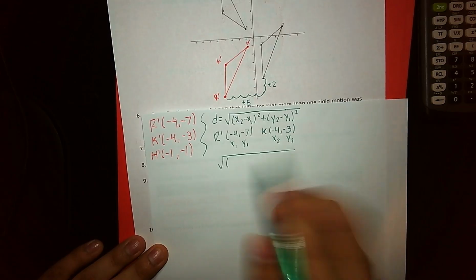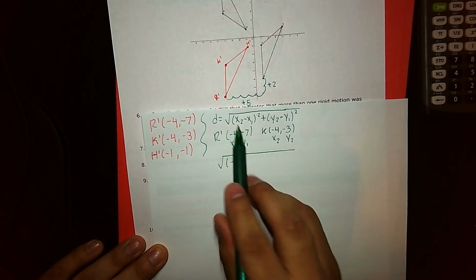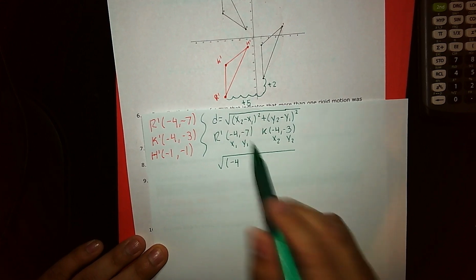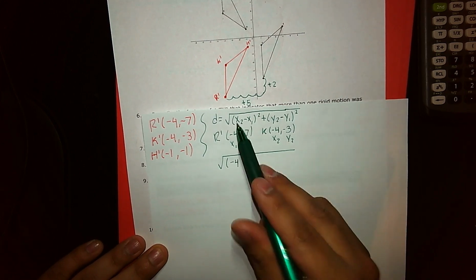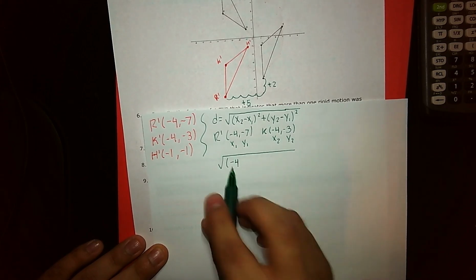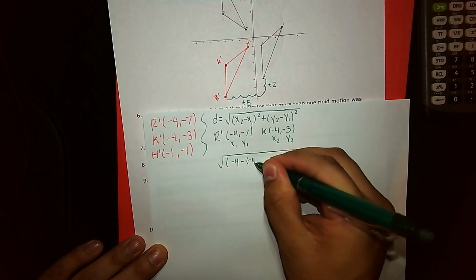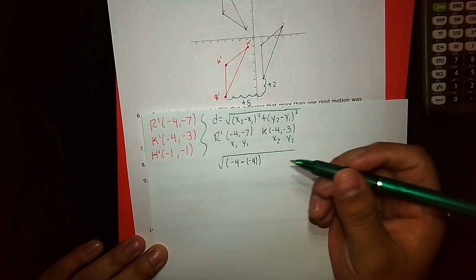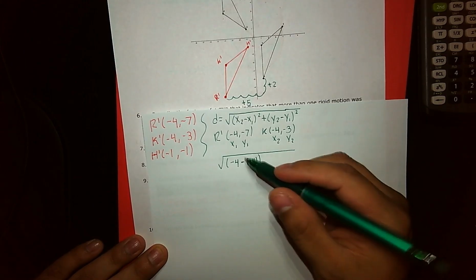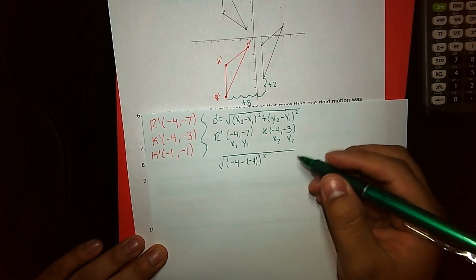So if I plug in, I should have -4 minus x1, which is -4. So we have -4 minus -4, and that's how you would write this. You need to make sure you're nice and neat with your numbers. And that whole thing is squared.